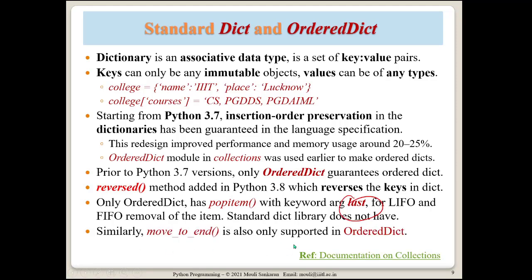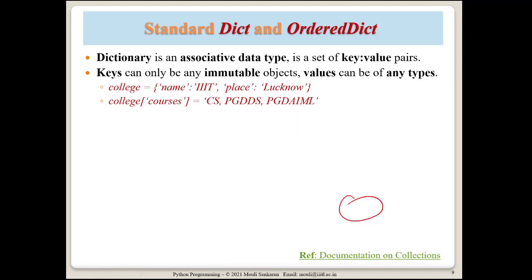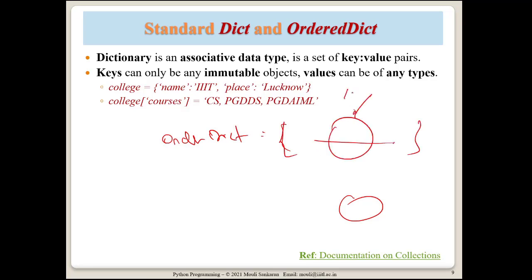move_to_end is also only supported in the ordered dictionary. I will show you that too. If you are interested in moving an element in a dictionary to the end of the dictionary, suppose you have an ordered dictionary and you want to move one particular element, with a particular key, to the end.